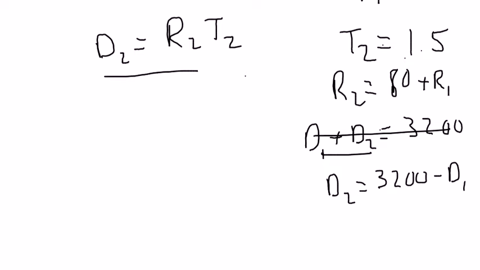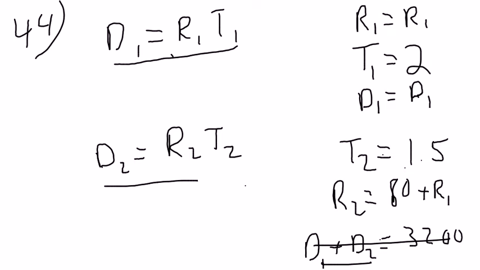Okay, so now we've eliminated R2, and we've eliminated D2, we've eliminated T2, and we've eliminated T1. I'll show you how. Because if I start substituting in, we don't know D1, so let's just leave it as D1. We don't know R1, but we know T1 is 2.